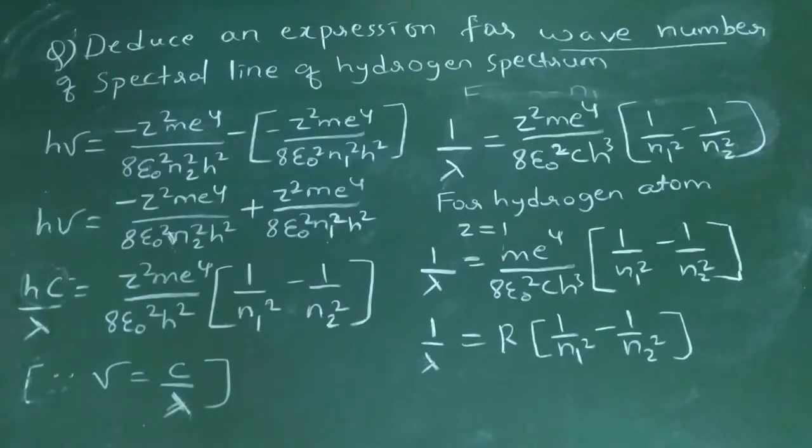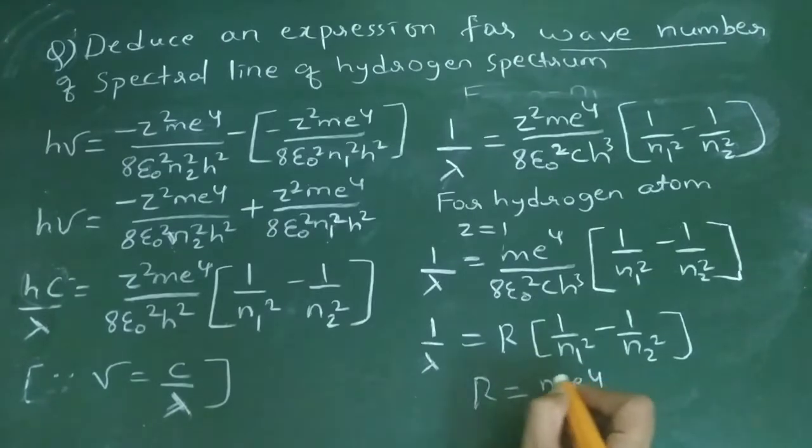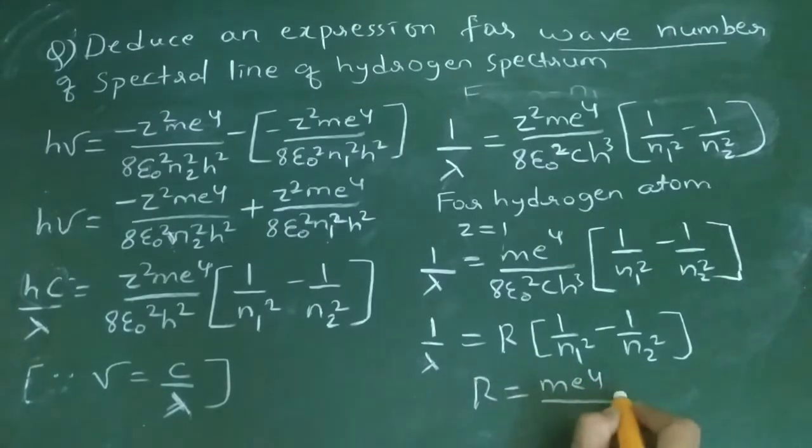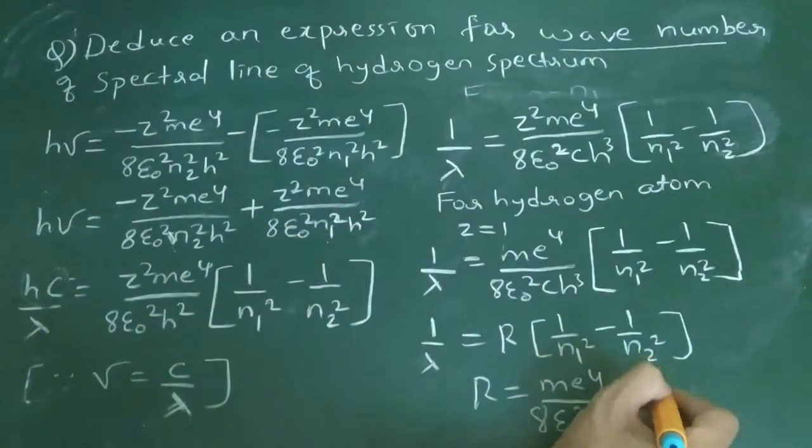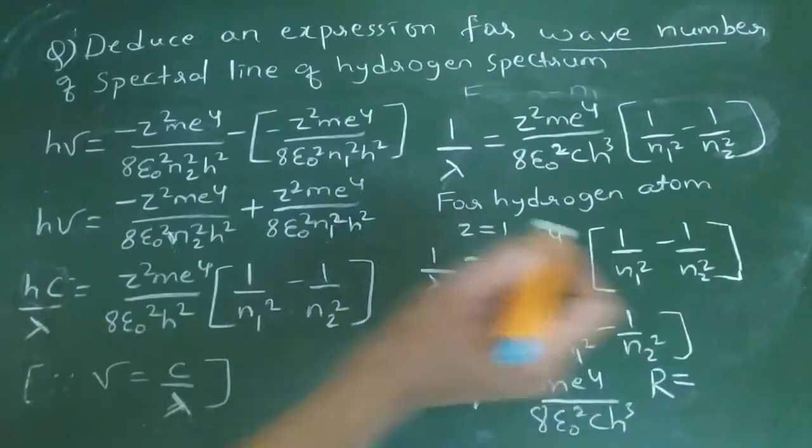Are you getting that? Even you can keep a z square outside. Here R is equal to m e to the power of 4 divided by 8 epsilon naught square c h cube. This is the value which is called the Rydberg constant.